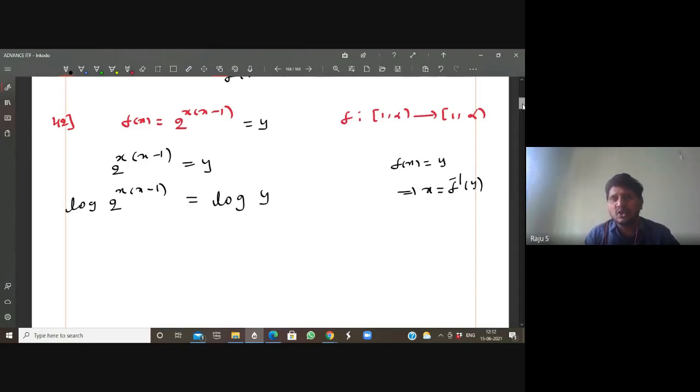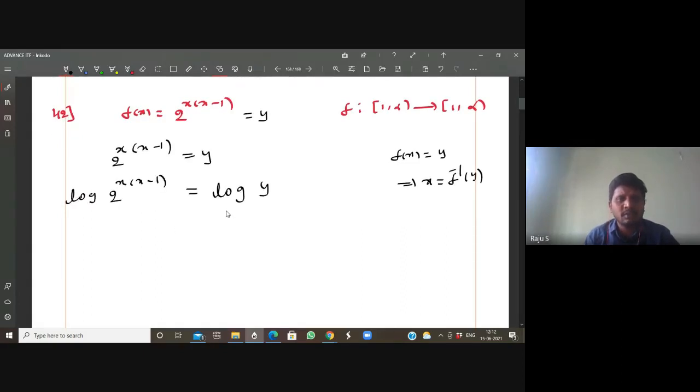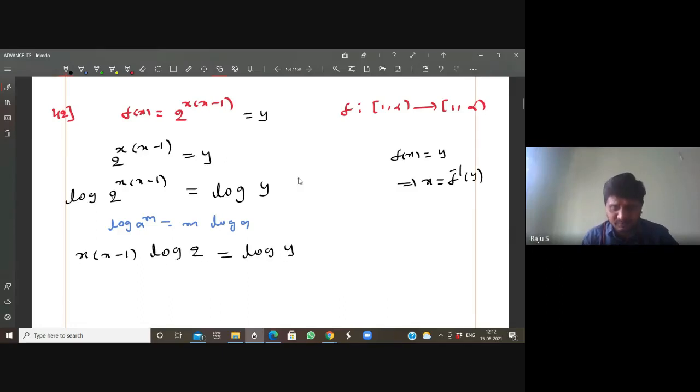Here I'm asking one question to you. What is the base we need to take here? See, this LHS is in the form of log a power m. Log a power m is m log a. So x into x minus 1 into log 2 is clearly equal to log y.